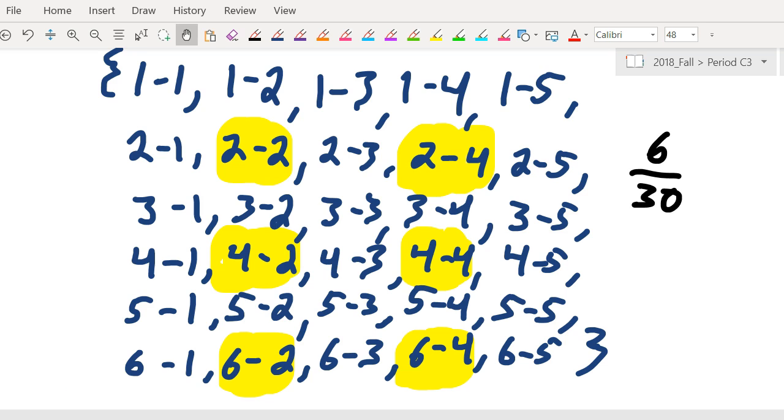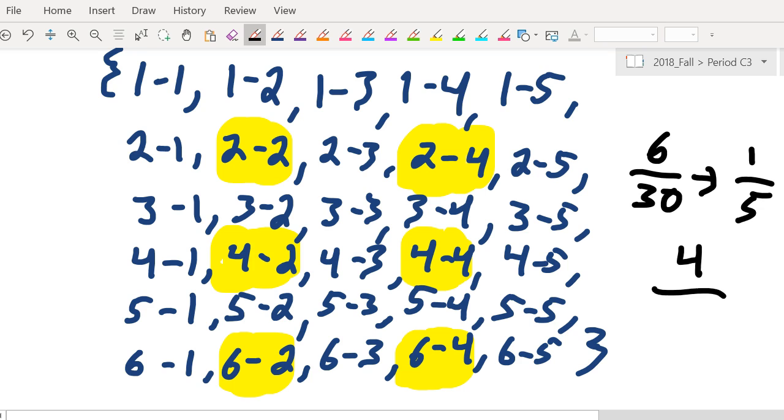Good job, Jordan. Okay, so the complement is, well, actually we could reduce it first and then do the complement. So it's 1/5. Very good. So that's easy. So the complement is 4/5. Chances that Adriana will win. That is the answer.